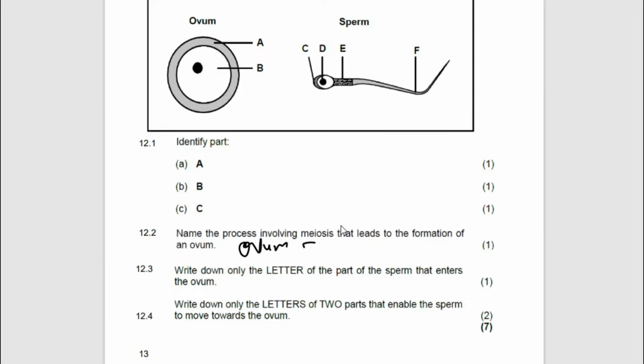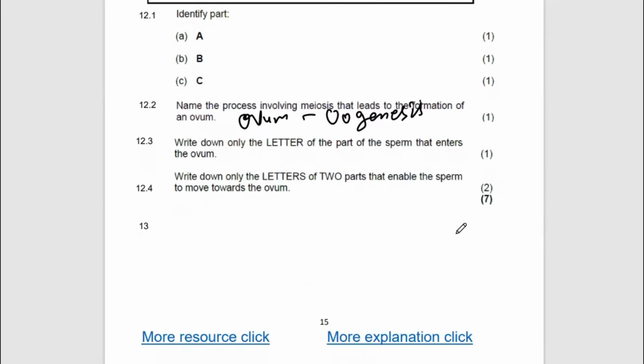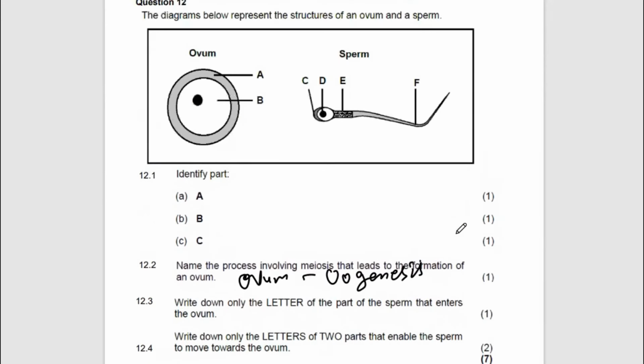So because it is ovum, it's going to be oogenesis. And then I'm saying write down only the letter of the part of the sperm that enters the ovum, the letter of the part which enters the ovum.